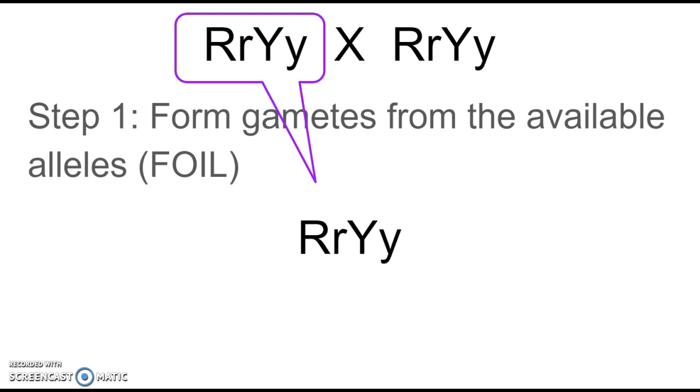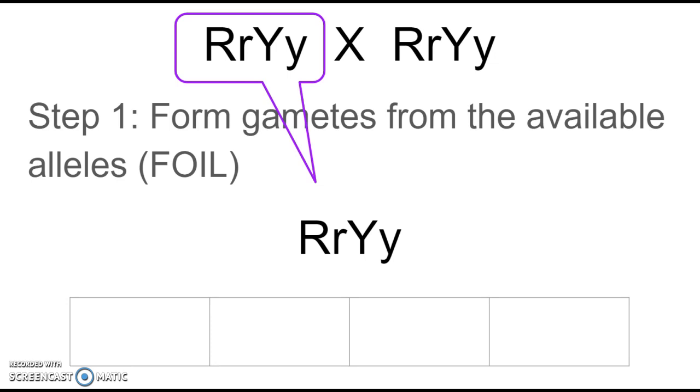So our FOIL method starts with the first of each letter set. So you're going to put the first R with the first Y. That gives you your first gamete. Notice it has 2 letters, which is half of our original 4.